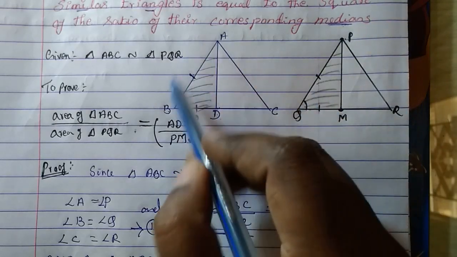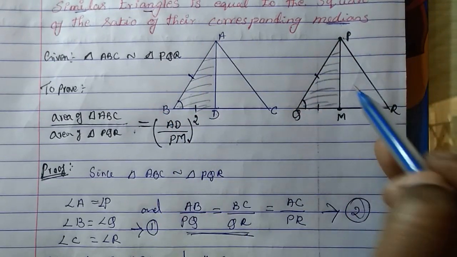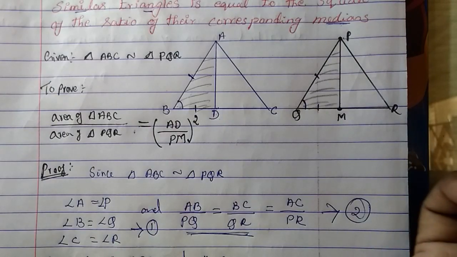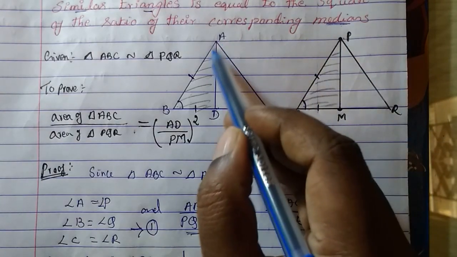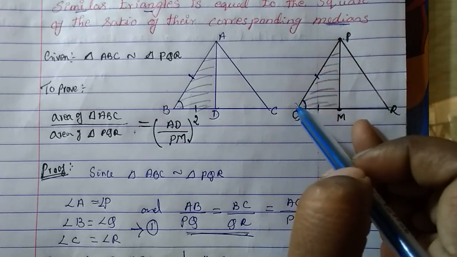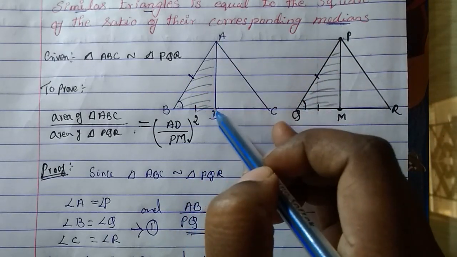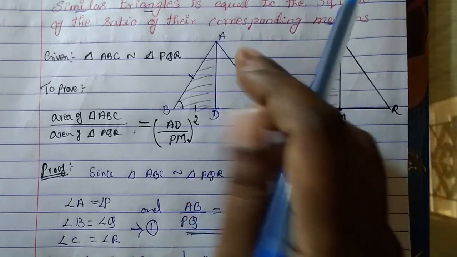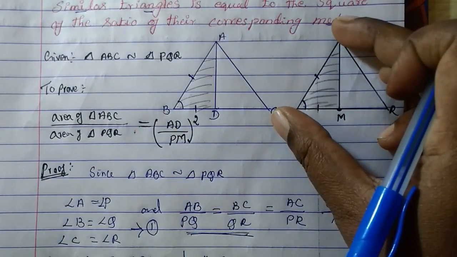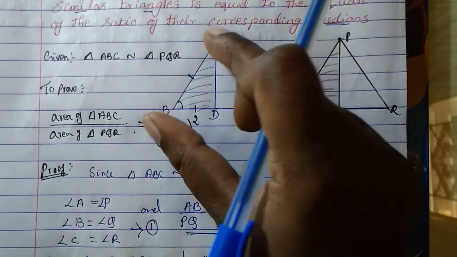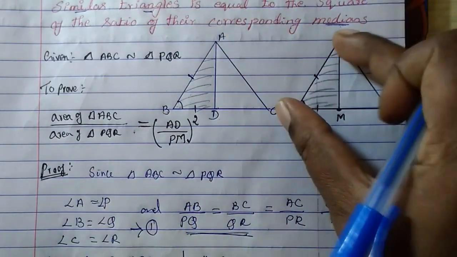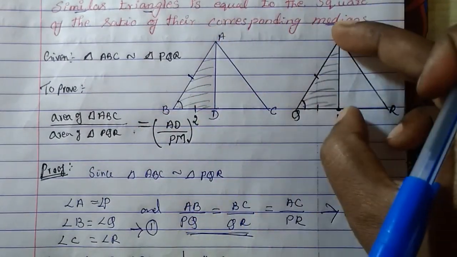So already we know that corresponding sides of these two triangles are in the same ratio. And when this side is equal to this side, and already we said this also is equal to this side, these two sides of the ratio will be equal to this side also. So that's what we have proved here.